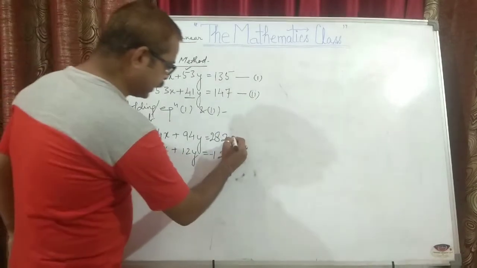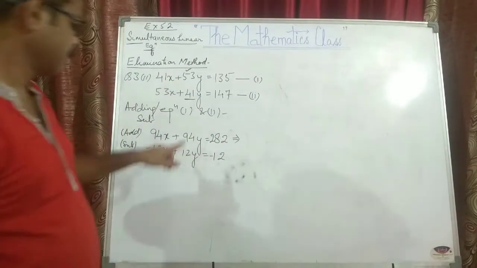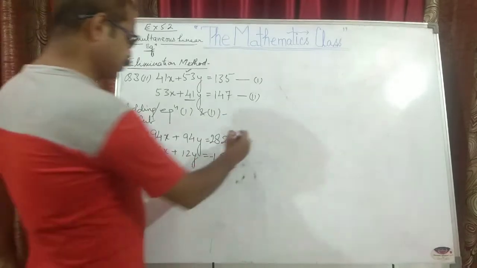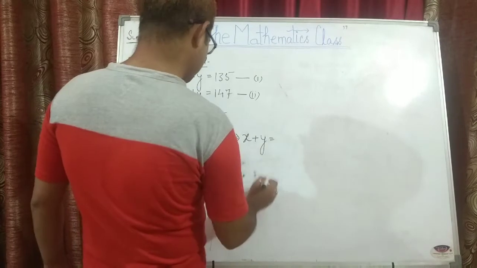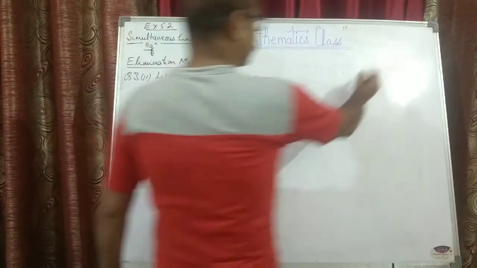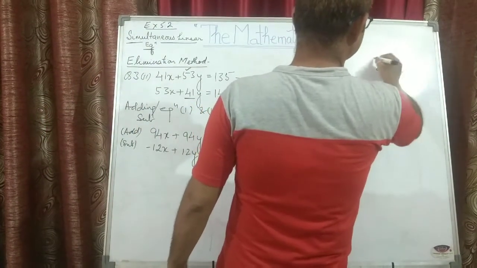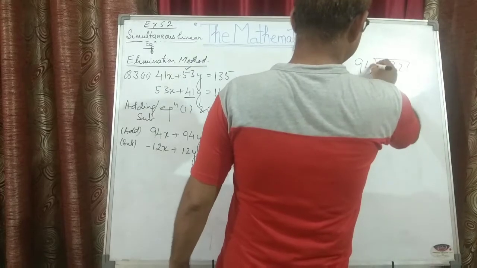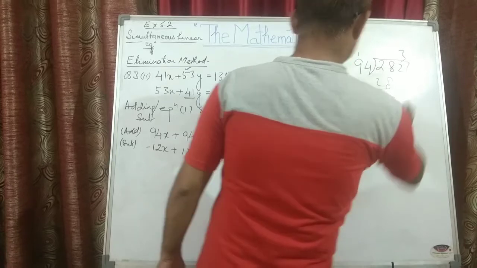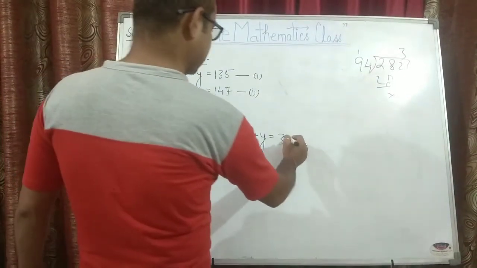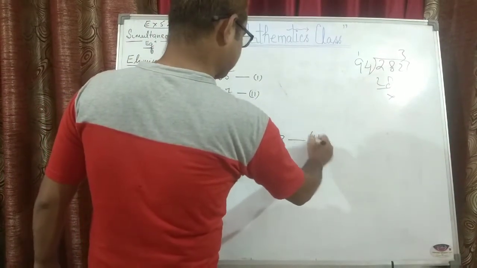If we divide this whole equation by 94, you will get x plus y is equal to 3, because when you divide 282 by 94 you get 3. So you got this equation, let's take it as the third equation.